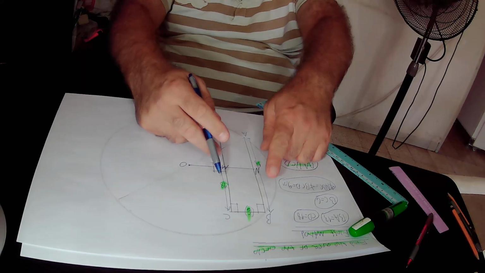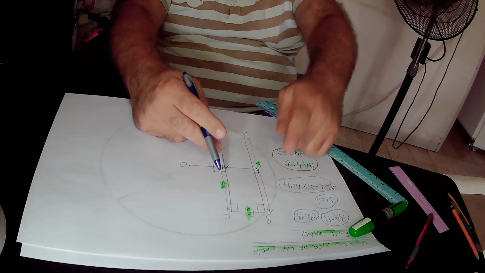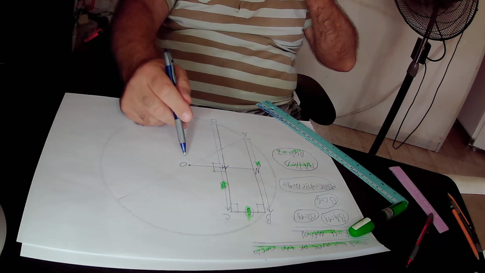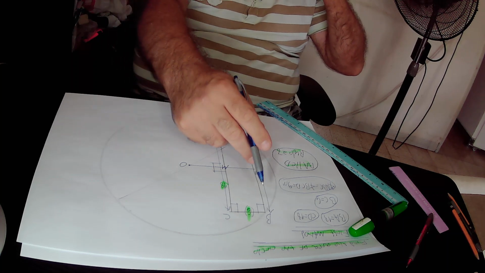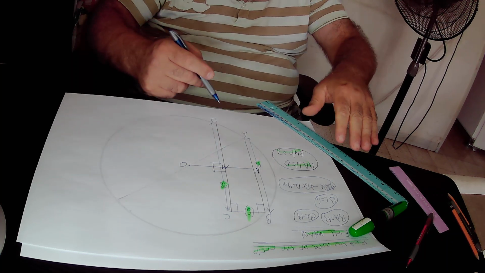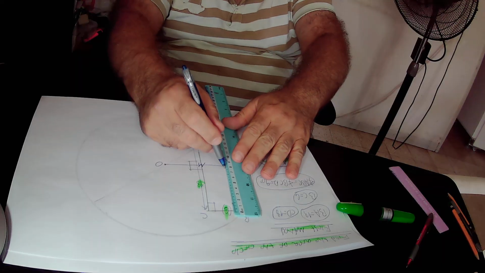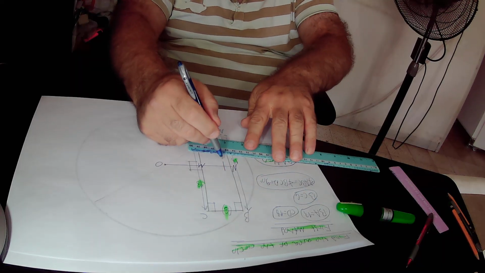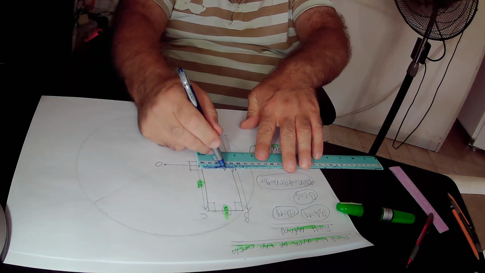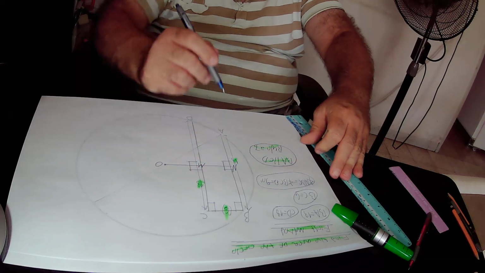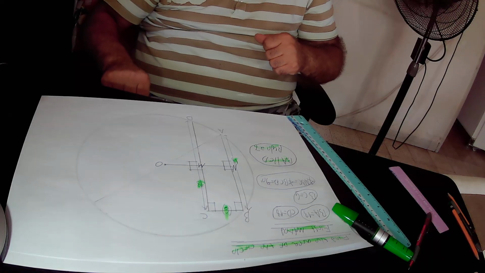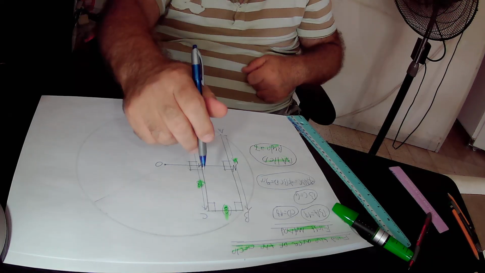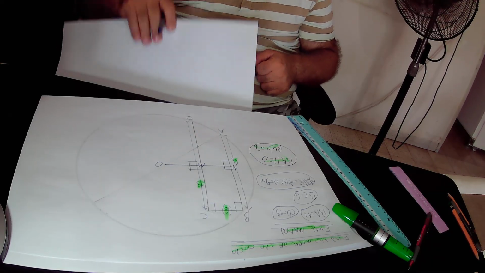Well, chord BA is parallel to CD. So this angle equals 90 degrees, and this angle equals 90 degrees. I will explain again why those two angles are right angles. We know that CD is parallel to BA.